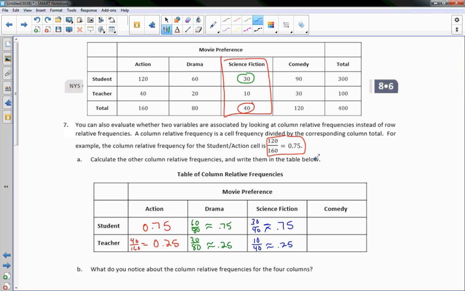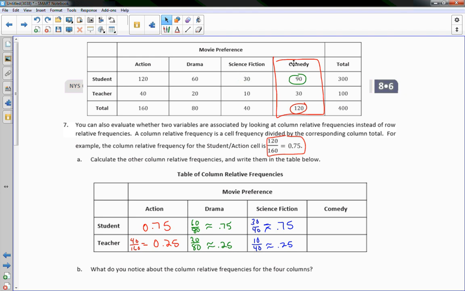And then when we finally move to the next one, our total is now 120, and our numerator is going to be the cell student comedy over my total. So I'm doing column totals now. Over 120, and the other one would be 30 out of 120.